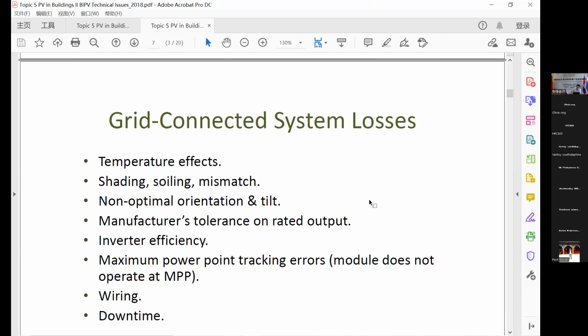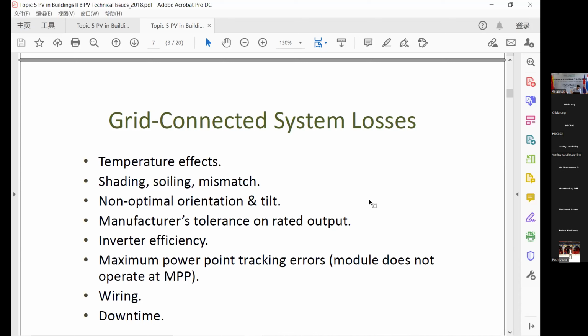As we know, the solar cells are connected in series and parallel to form a solar module. If there is shading on one solar cell, either current or voltage or both of them will be affected and the power output significantly reduced, which has been mentioned in the previous slide.